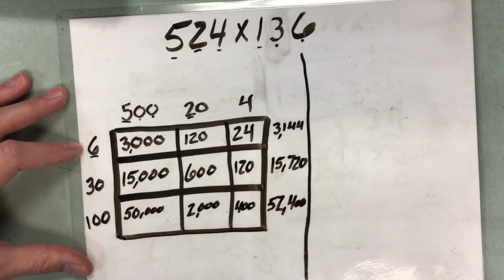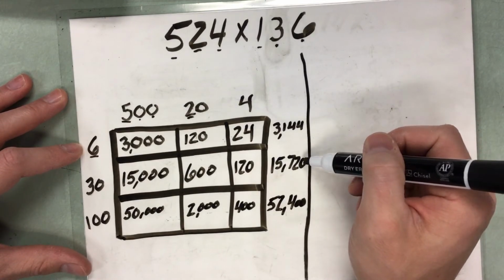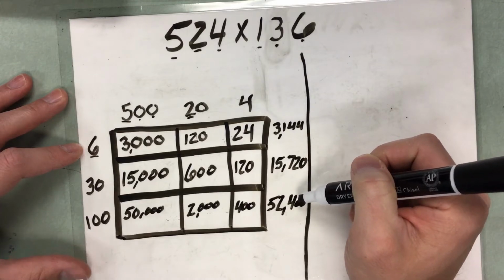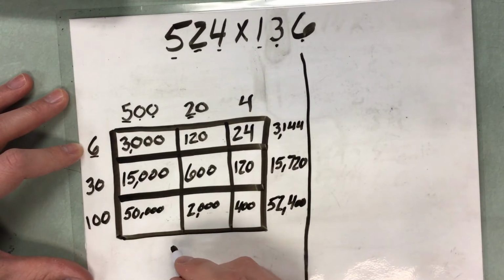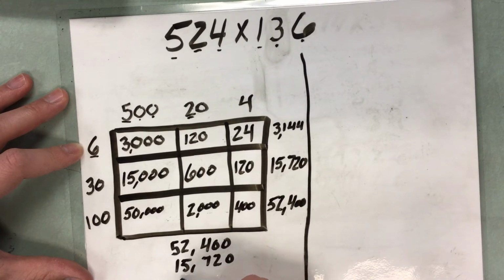Now I have 3 partial products, 3,144, 15,720, and 52,400. I just need to add those up to get my answer. So I'm going to add these up, making sure to line up place values when I'm adding. And go ahead and add.